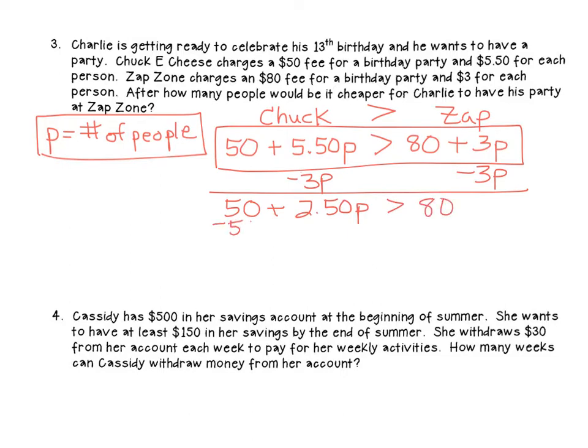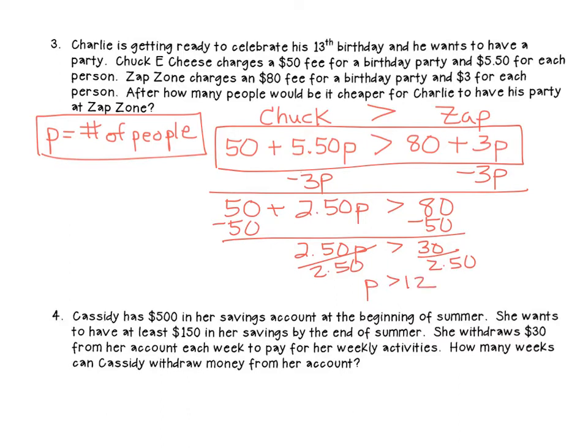Subtract 50 from both sides, and you get 2.50p is greater than 30. And then you're going to divide by 2.50 on both sides. So 30 divided by 2.50, and that ends up p is greater than 12.